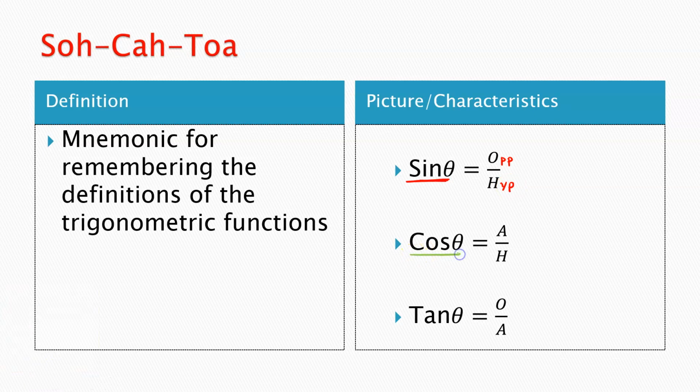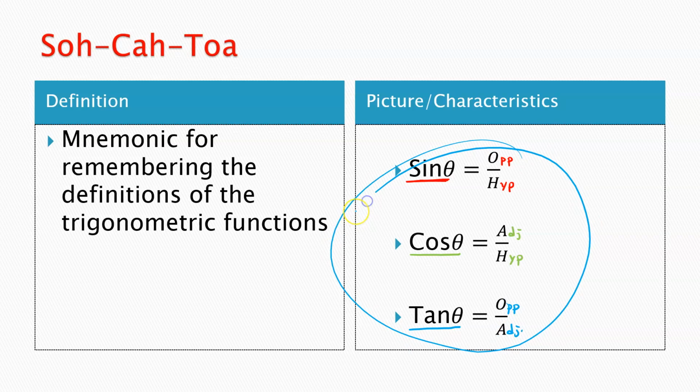Cosine is equal to your A, which is your adjacent, over your H, which is your hypotenuse. That's the ratio, the fraction we're going to be setting up. And then, of course, the last one, tan or tangent. Tangent of theta is opposite over A, which is adjacent.